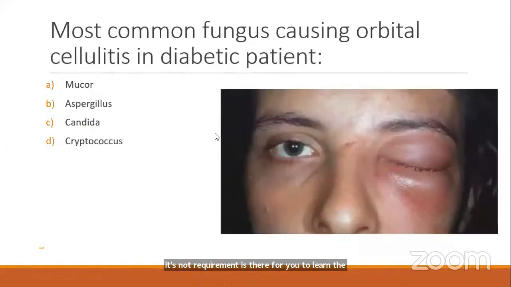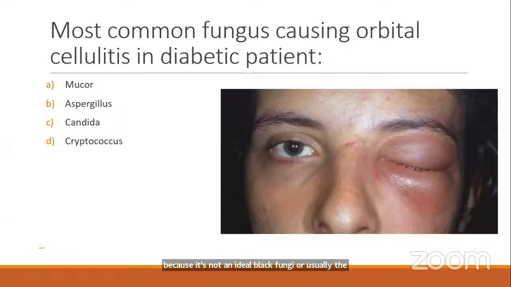So, the most common fungus causing orbital cellulitis in a diabetic patient? Yes, it is mucormycosis, more commonly called, as a misnomer, the black fungus. It is not an ideal black fungus. Black fungi are usually the dematiaceous fungi which have black color in their hyphae.